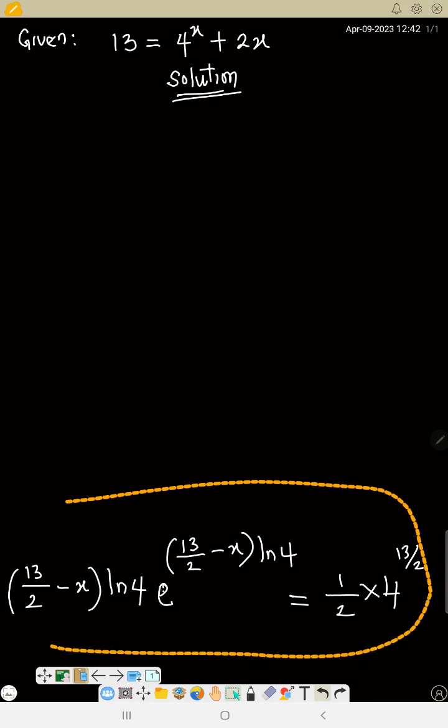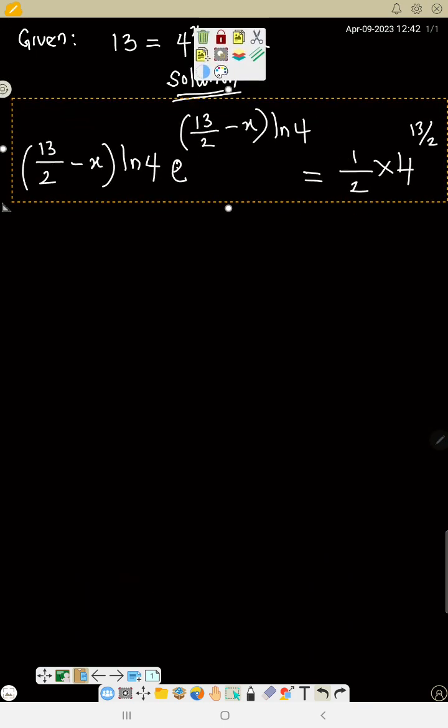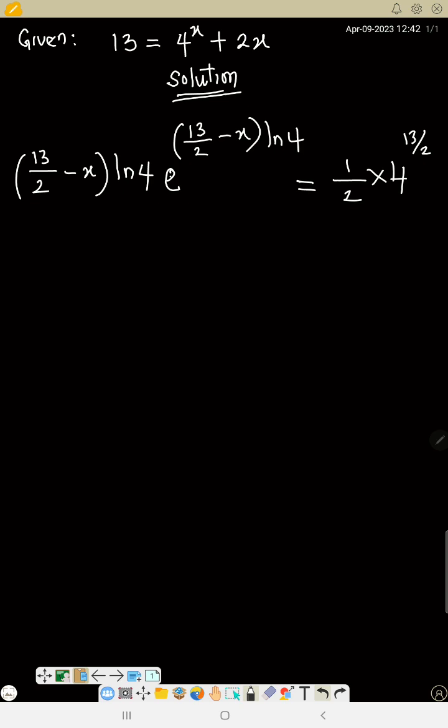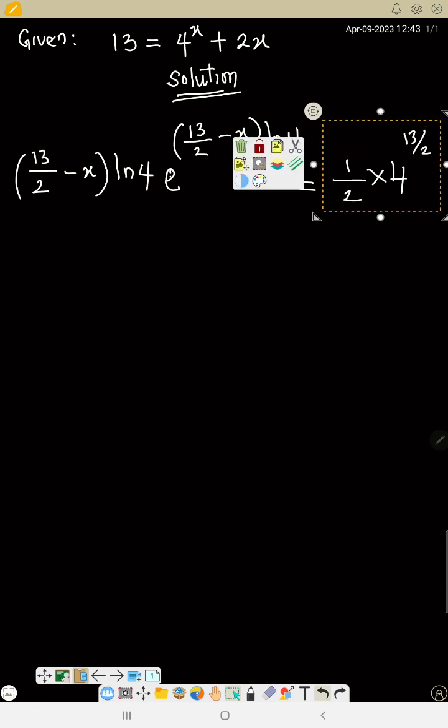Let me move this. Now from here, we already know that I'm multiplying both sides by ln 4, so that's why I brought this one up. So let me manage it here.